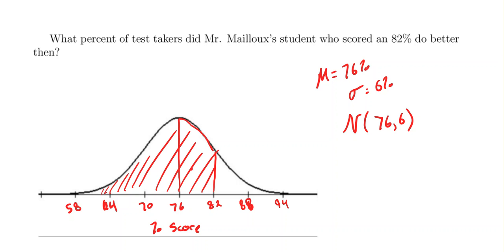So if you want to think of these in terms of area, you can think of 0.34 here, 0.5 for everything to the left of our center. So that means that when I look at my total area, I end up with an area of 0.84, which means 84%. So Mr. Malo's student who scored an 82% on this test did better than 84% of test takers.